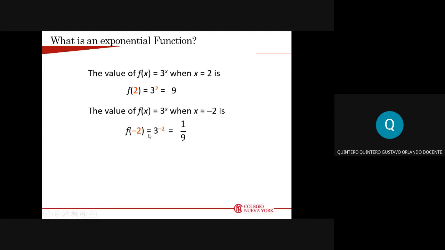So we have f of negative 2 equals 3 to the negative 2. Oh, but I don't know what to do with negative exponents, teacher. It's okay. All you have to do is remember your properties of exponents. You know that if the exponent is negative, you can change that into a fraction.